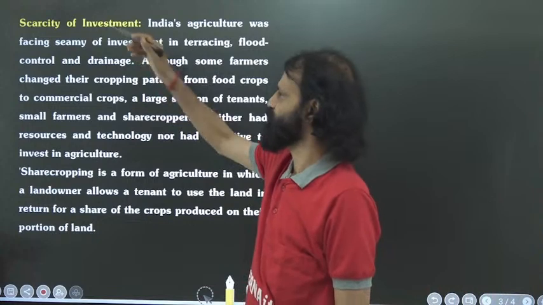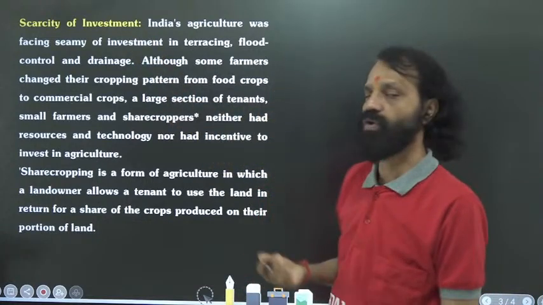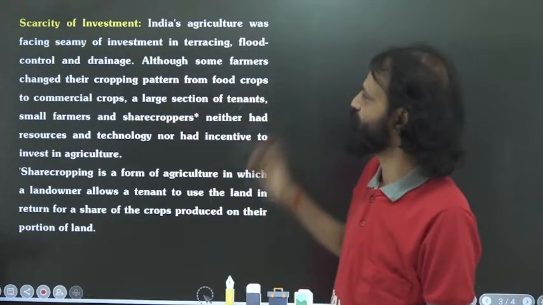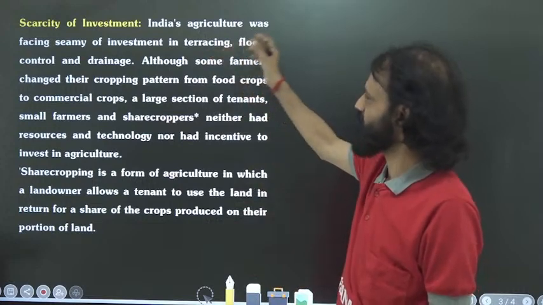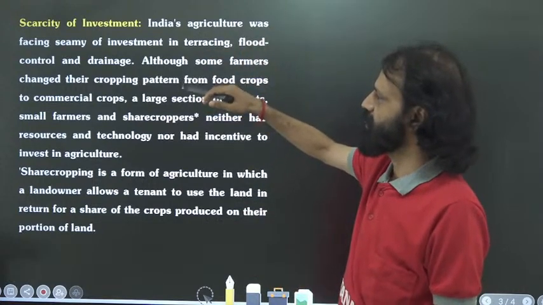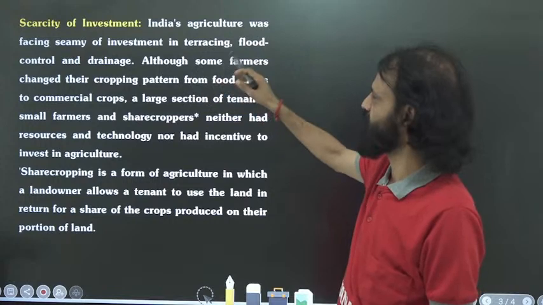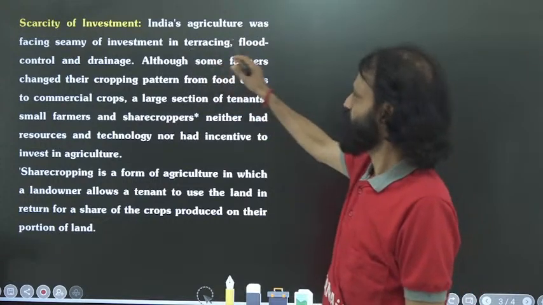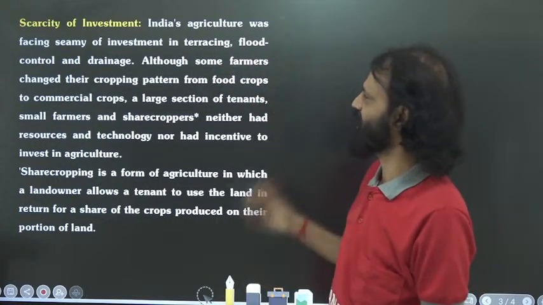Scarcity of investment. What is the scarcity of investment? Lack of investment. India's agriculture was facing zero investment in terracing, flood control and drainage.